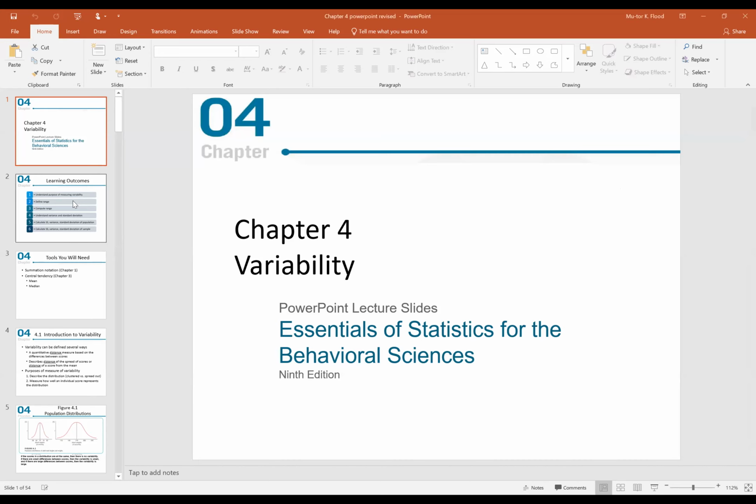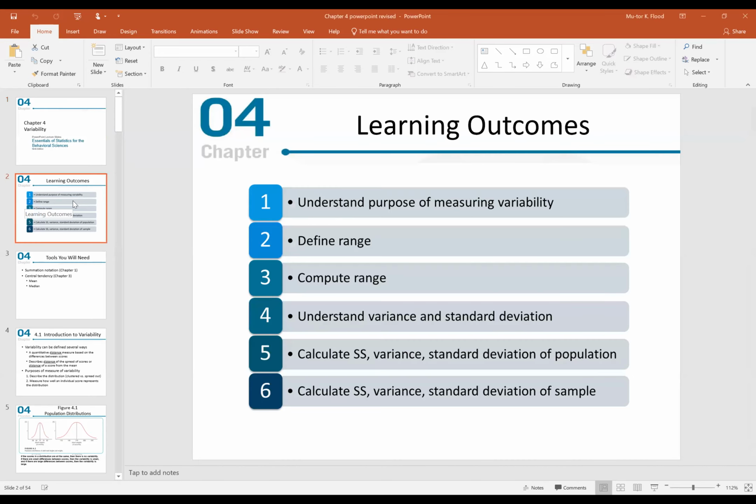So, what are some of the learning outcomes? What should you know by the end of this chapter? Well, you should understand the purpose of measuring variability, why it's important, and why we do this as researchers who are using statistics.